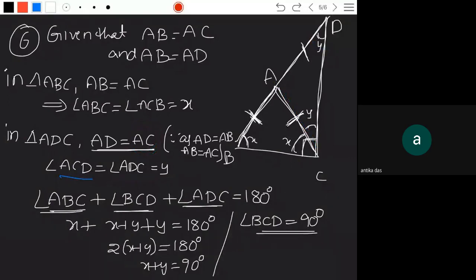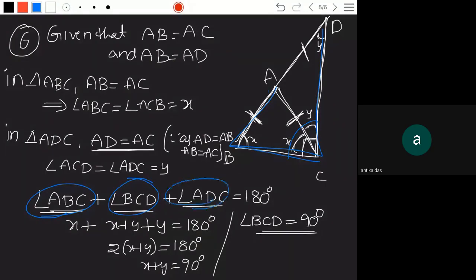Now here, when I consider like this, this angle is x, this angle is y, this angle is x, and this angle y. And this complete triangle you take into consideration, one single triangle. The sum of the three angles in a triangle will be equal to 180 degrees, the angle sum property. So this ABC is nothing but this angle, BCD is nothing but this angle, and ADC is nothing but this.